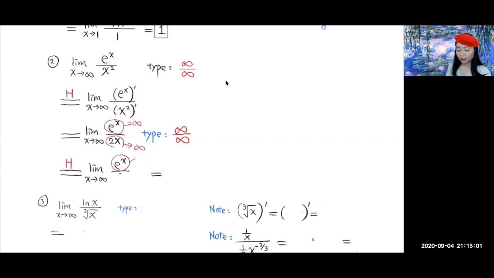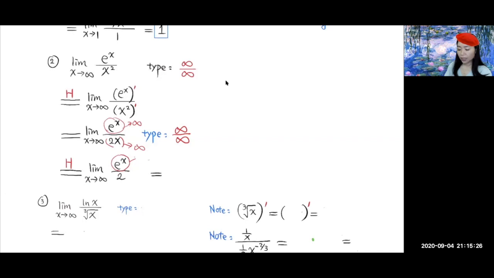So we take the limit as x goes to infinity. Now the derivative of e to the x is e to the x itself, so we get e to the x over here. And the derivative of 2x is going to be 2.